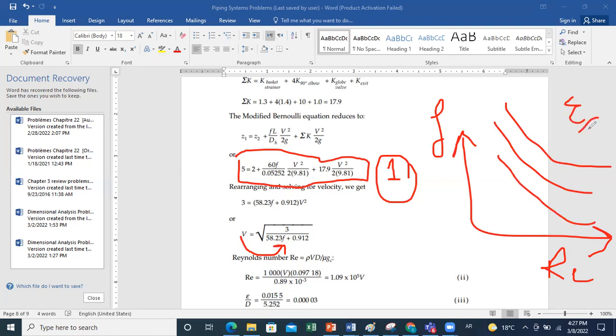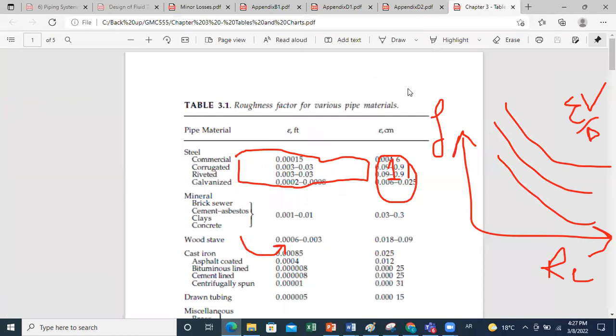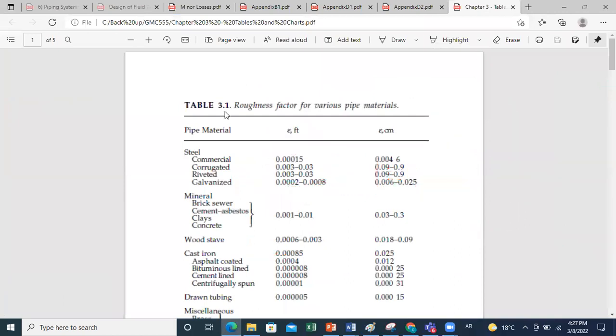I have values for epsilon over d. For epsilon over d, there is no problem for me, because if I go to the table to get epsilon, I have from this table that for galvanized steel, which is the material of my pipe, I can read the corresponding value of epsilon.